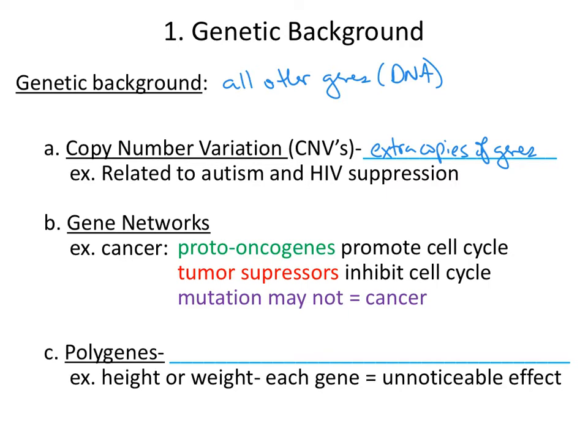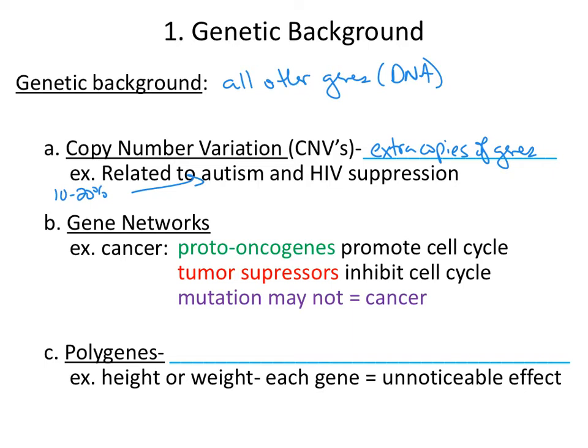Stands to reason you should have more of that protein made, which might be a good thing, might be a bad thing, may not change anything. Okay? So, copy number variation has been shown to be related to 10 to 20% of autistic cases.